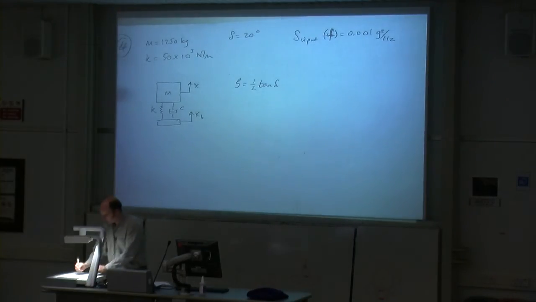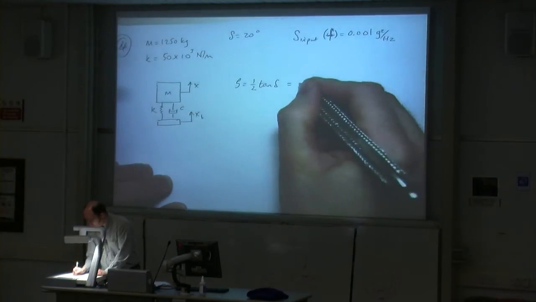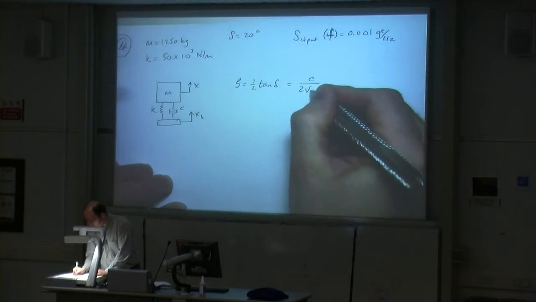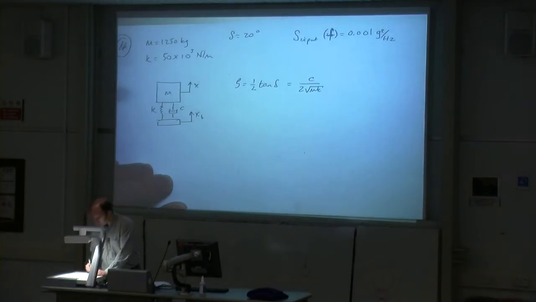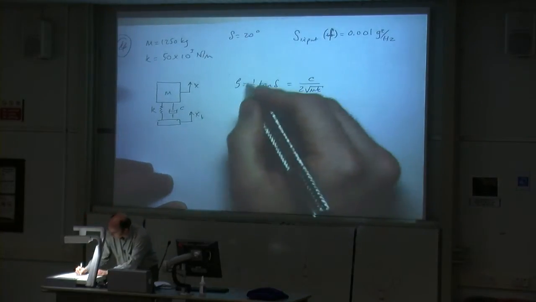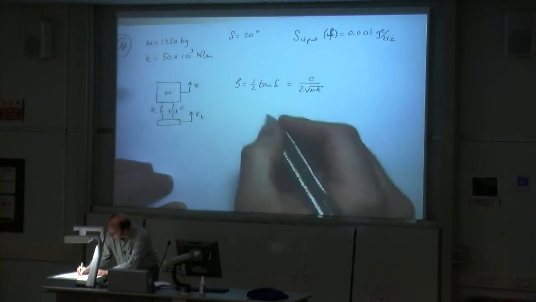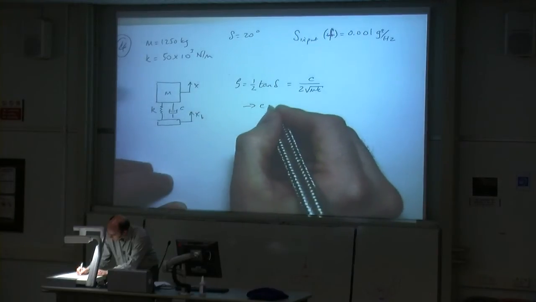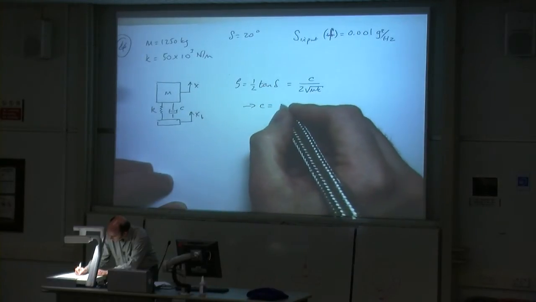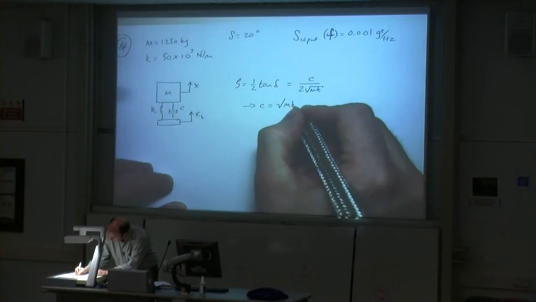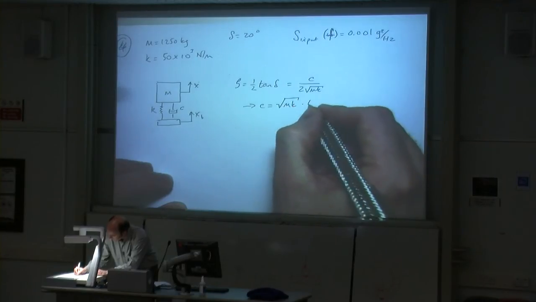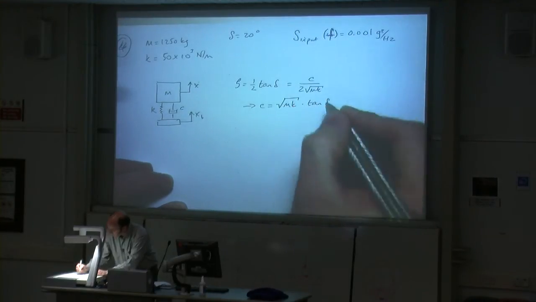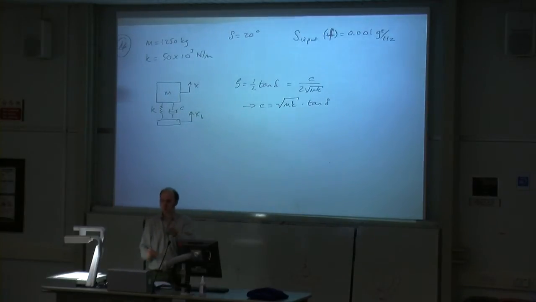Now we know zeta is C divided by 2 root mk. So we can rearrange for C: C is going to be root mk times tangent of delta. So we can work out C. We'll come back to that in a minute.